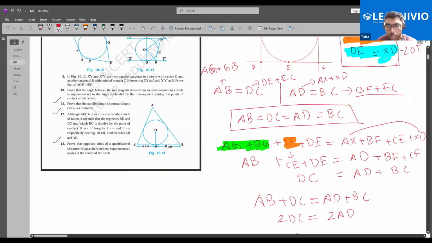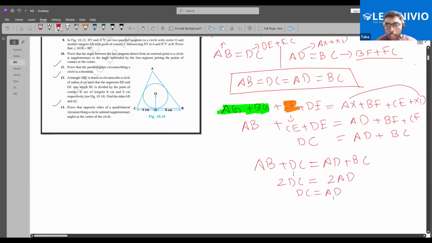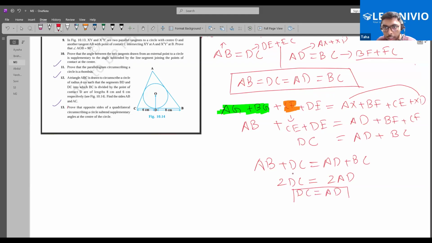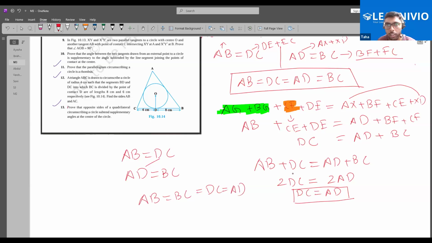So that means DC is equal to AD, right? And if we can say this, and we already have AB is equal to DC and AD is equal to BC, since these two are the same, then AB will be equal to BC. And by that, we can say that they are all equal to each other, right? Is that making sense?